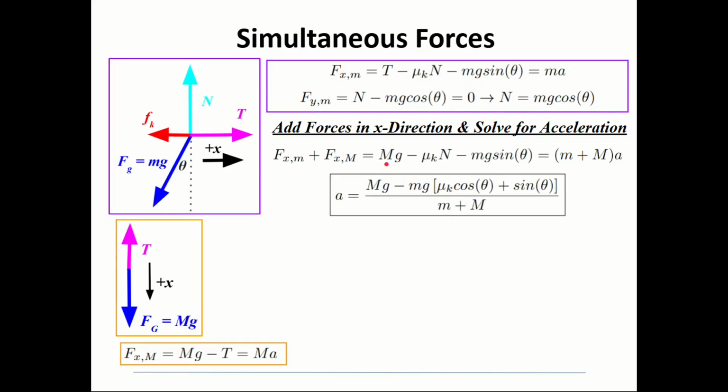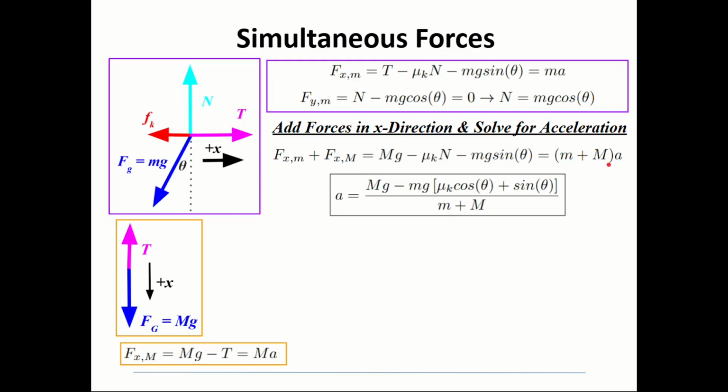And when you put all that together, you get capital Mg minus your frictional force minus your mg sine theta as your left-hand side. And then the right-hand side is going to be capital Ma plus little ma, which gives you the sum of the masses times the acceleration.